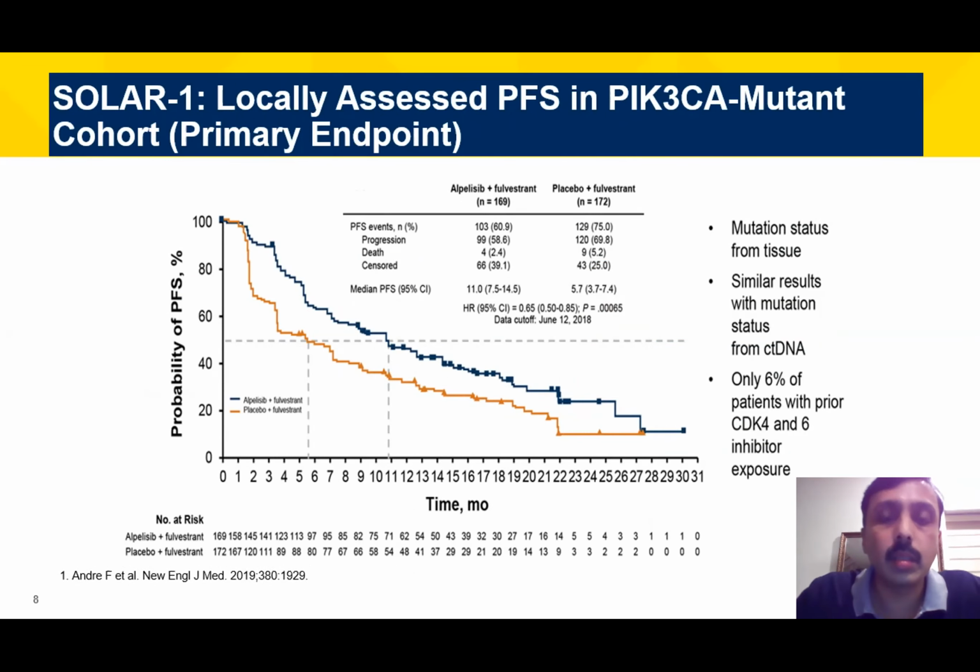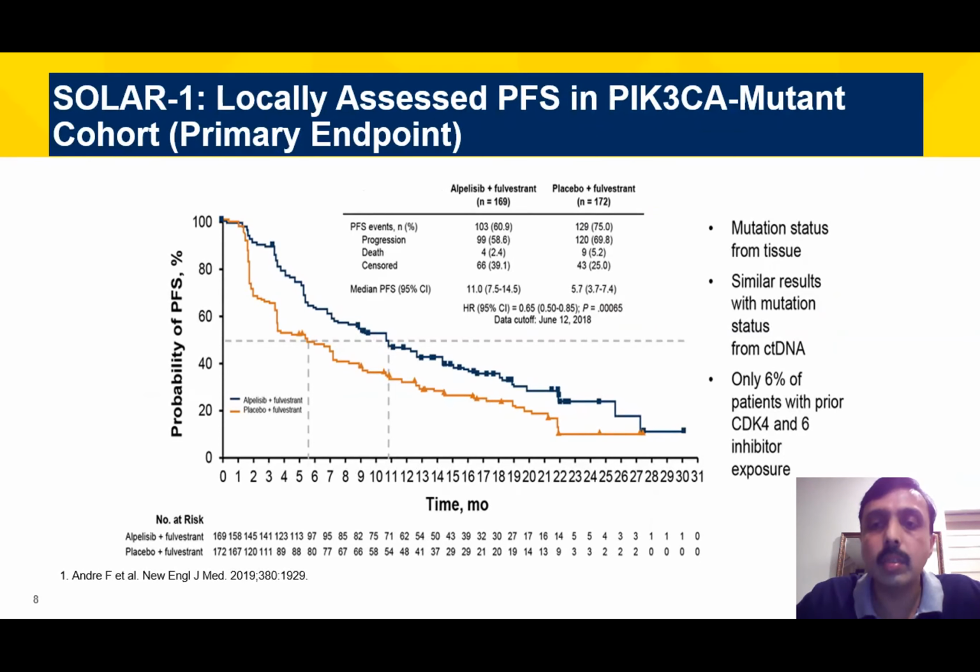The primary endpoint was PFS, and the NEJM article showed that the PFS was better. The median PFS was dramatically improved in the mutant group, 11 months versus 5.7 months.